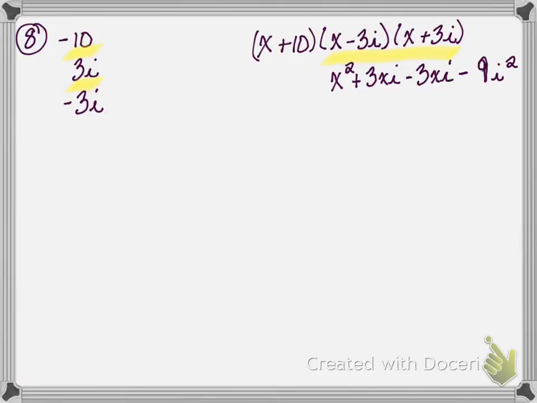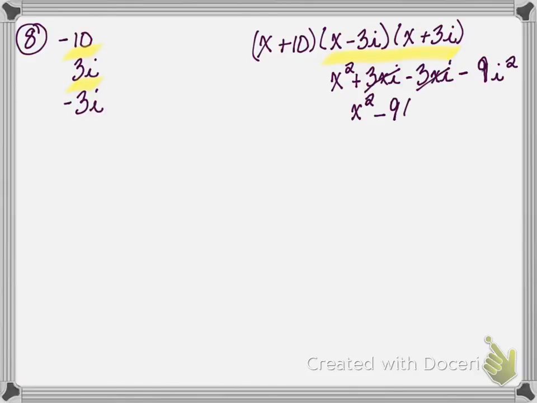I got ahead of myself. The i squared is going to become negative 1, and then we're going to have negative 9 times negative 1, and that's going to give us positive 9. So that's where my brain was going right there. But first I'm going to go ahead and cancel out our middle terms, our 3xi and our negative 3xi. So I am left with x squared minus 9.